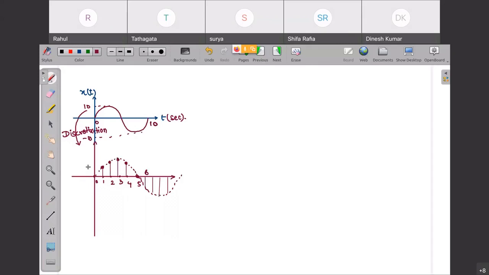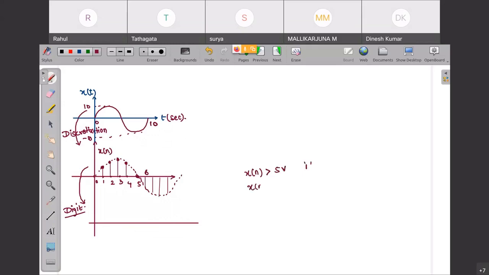The next step after discretization is digitalization. In digitalization, we also discretize the amplitudes. Suppose this is x of n: if x of n at any time instant has a value greater than 5 volt, I will consider it as 1.